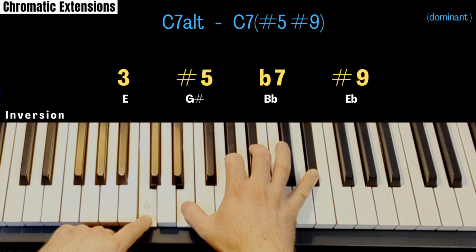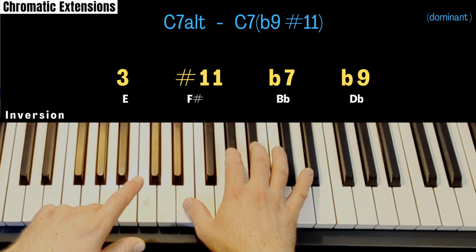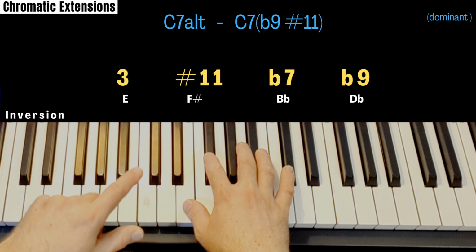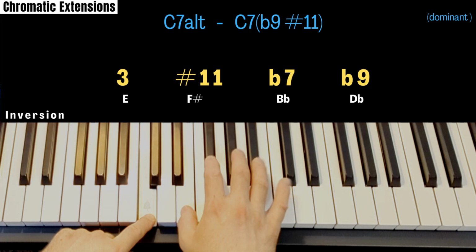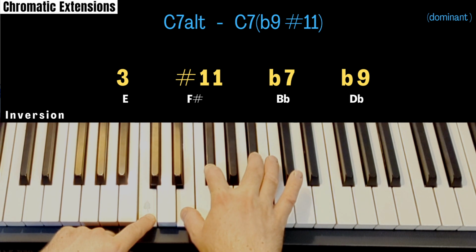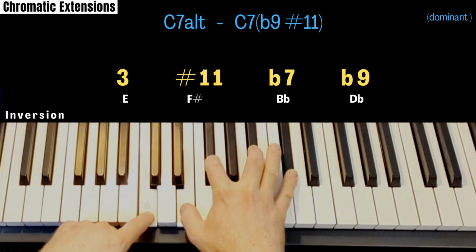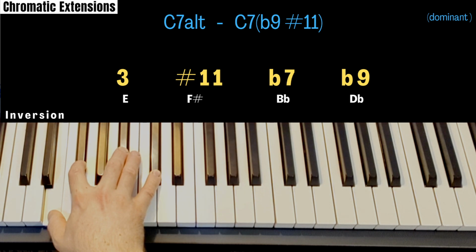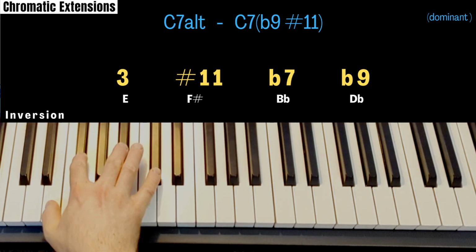And the other variation of this that I like to do is a C7 flat 5 flat 9. Root, 3rd, flat 5, flat 7th, flat 9. So they're the two I use.